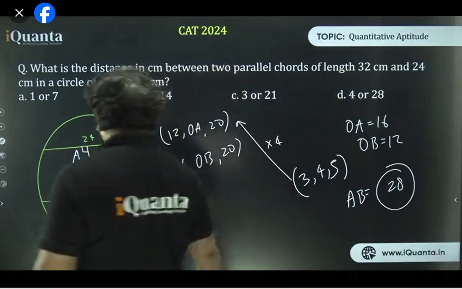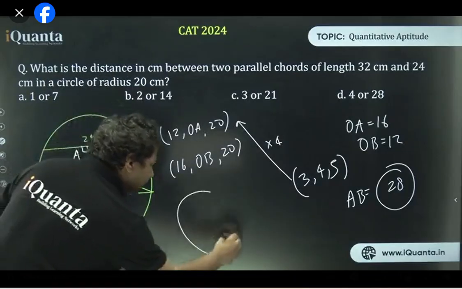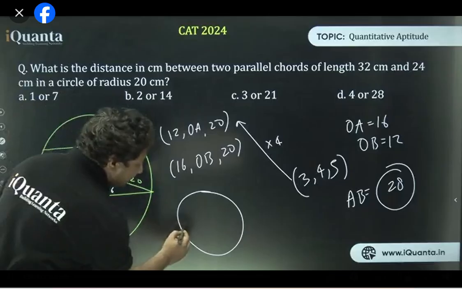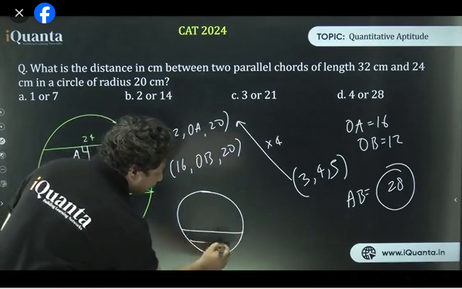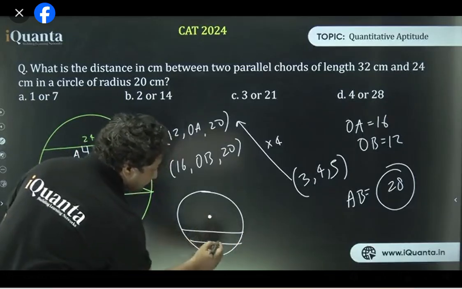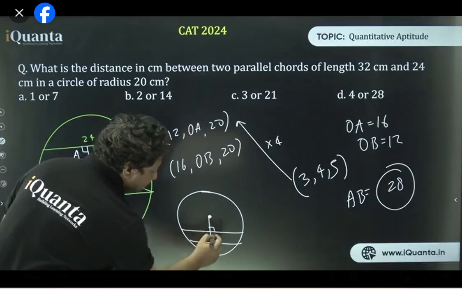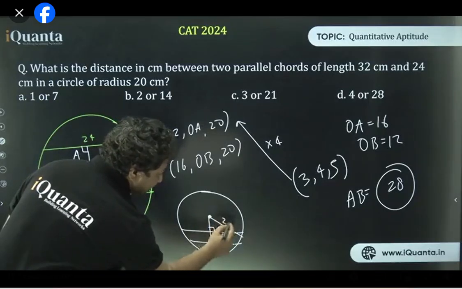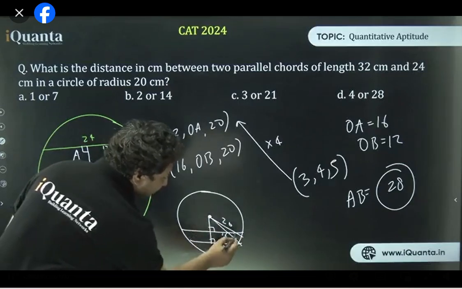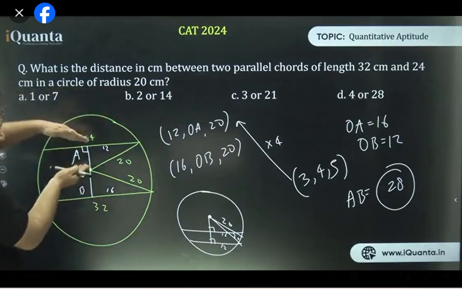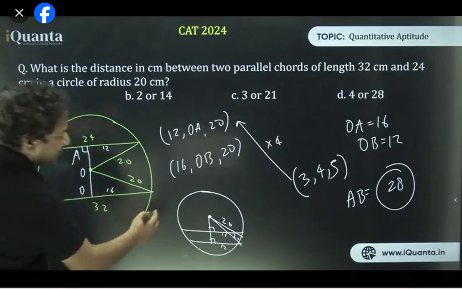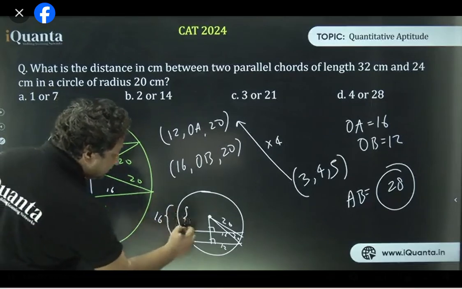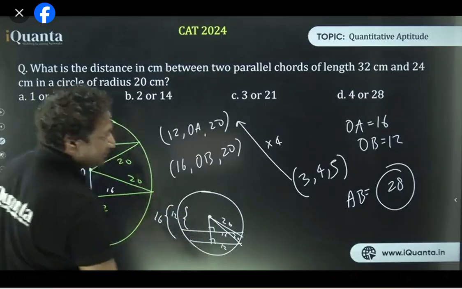There can be one more way to solve this question, to draw the diagram. If I write 32 over here and 24 over here, now see what is happening. This is 16, this is 12, this is 20, this is also 20. So here 16 plus 12, we are adding it, but in this case, it will be 16 minus 12, isn't it?